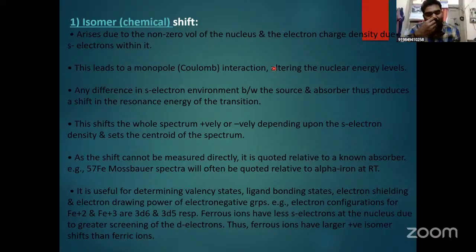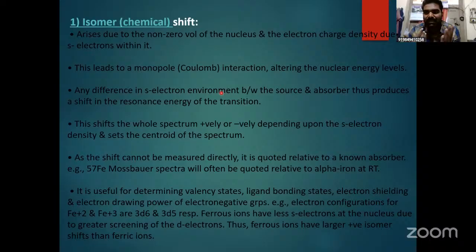So if there is a chemical environment change in the ground state and excited state, there is a slight shift in the position of the observed resonance line.